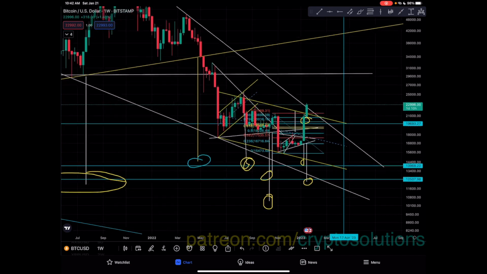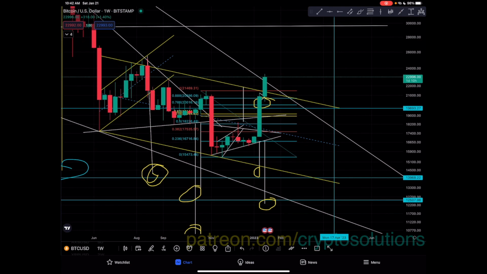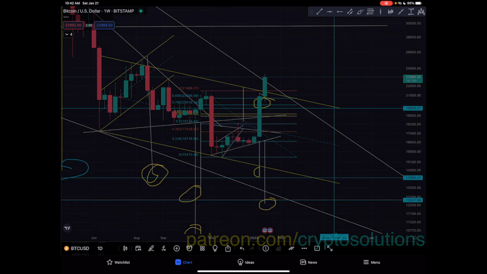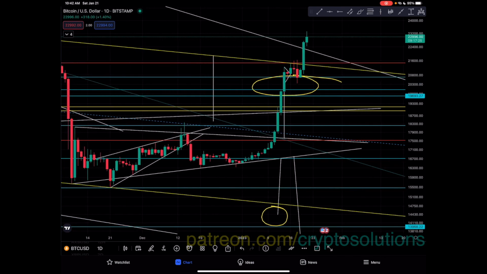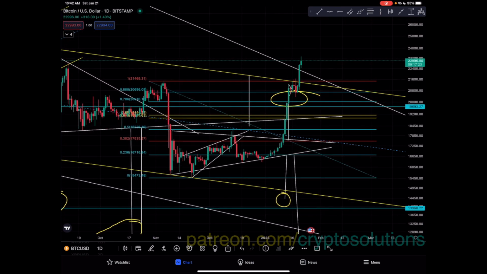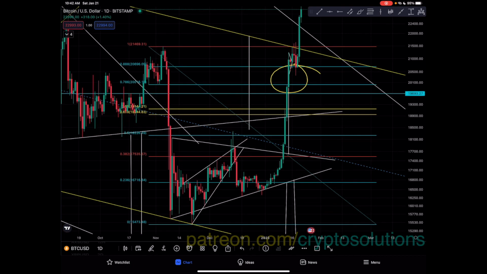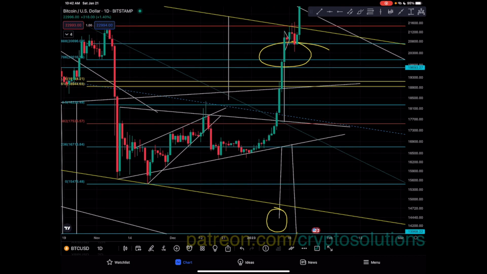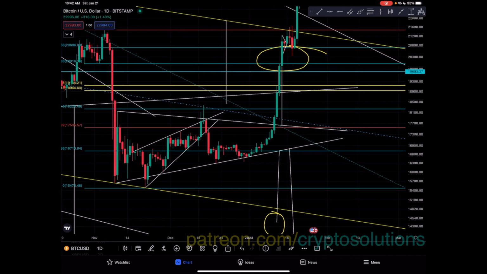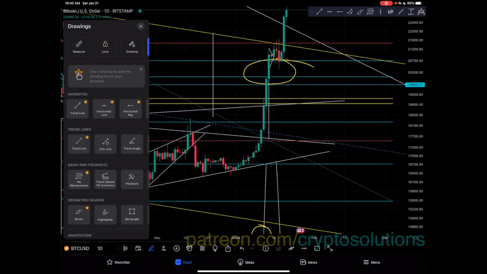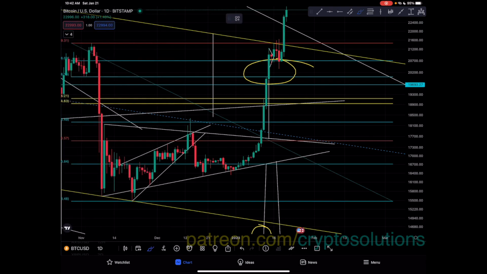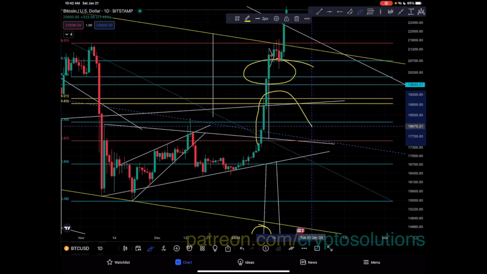So yeah guys, what you're seeing here is, like we were mentioning in the previous video, this Bitcoin price. I said before that if the Bitcoin price breaks this resistance, it has a high chance of a fake out to the downside.